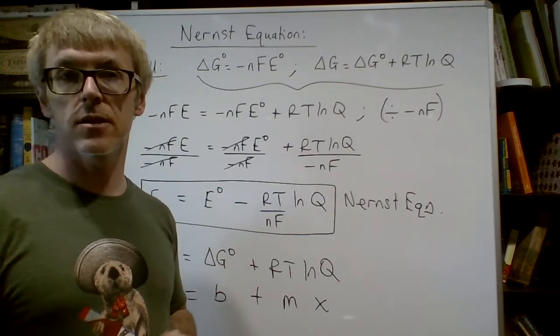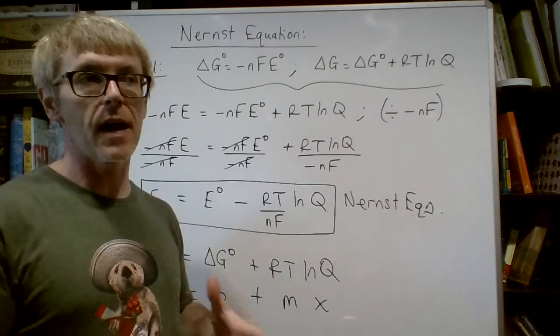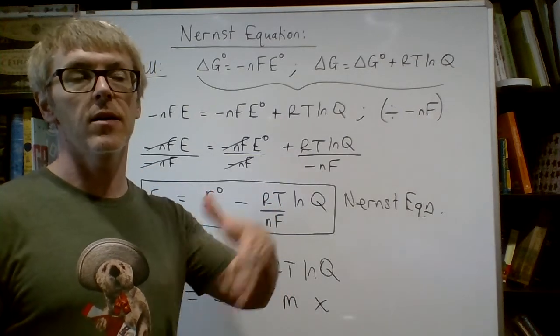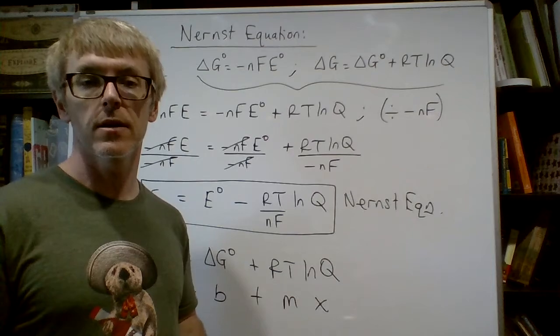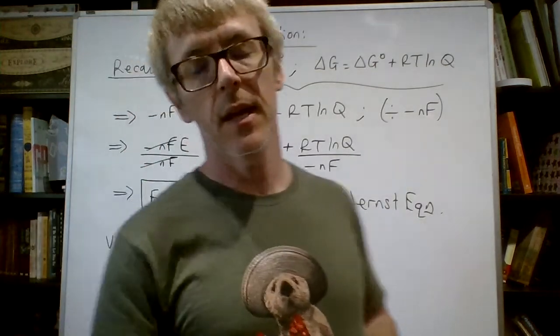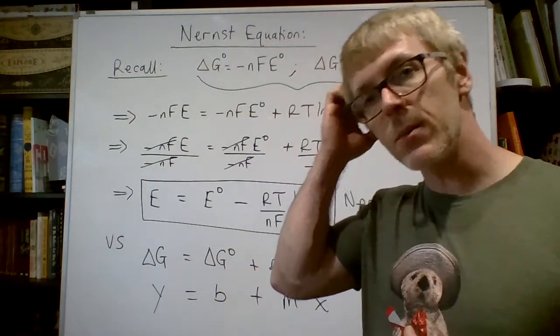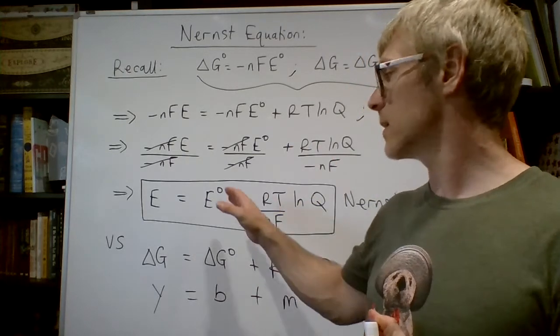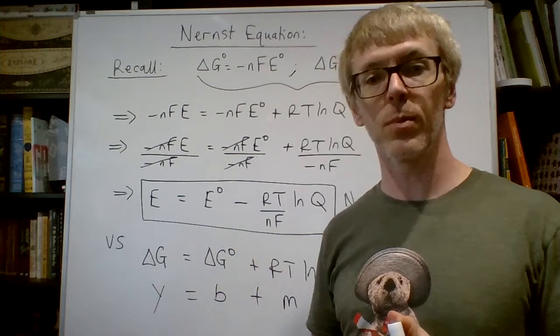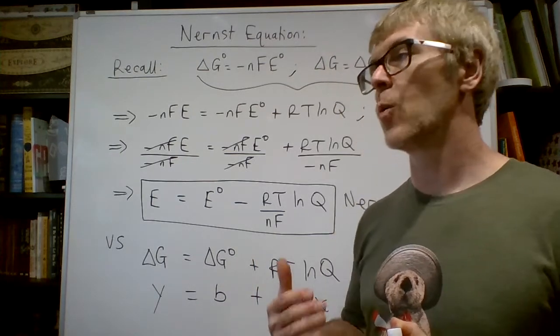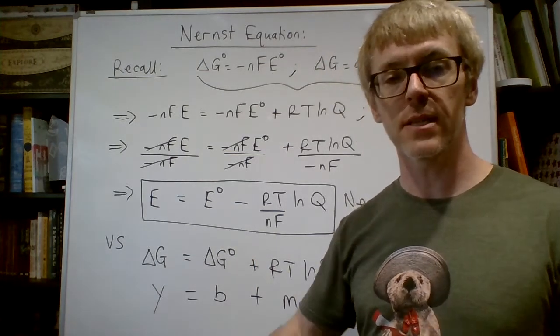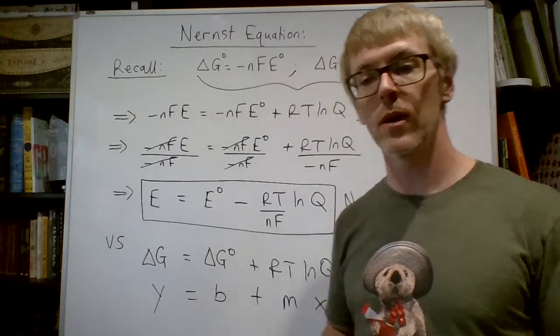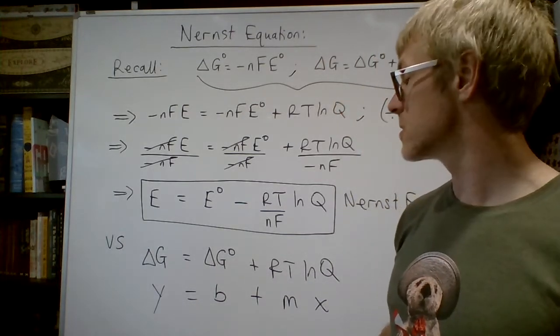Non-standard conditions assumes that the anode and cathode in the cell have other than 1 molar solutions. And in general chemistry, when we say non-standard conditions, we don't really mean non-standard temperature, although that would be perfectly fine. We assume non-standard concentration. That seems to be a more common way to enforce non-standard conditions.